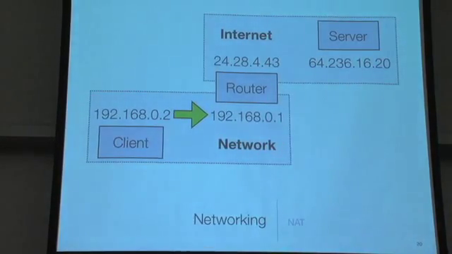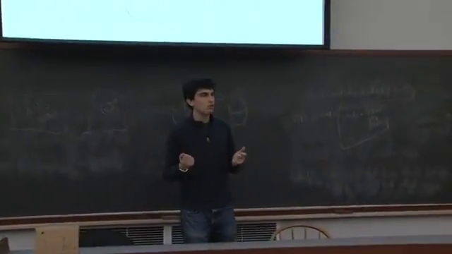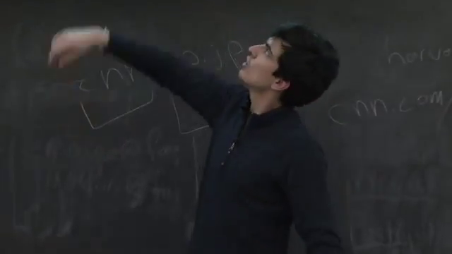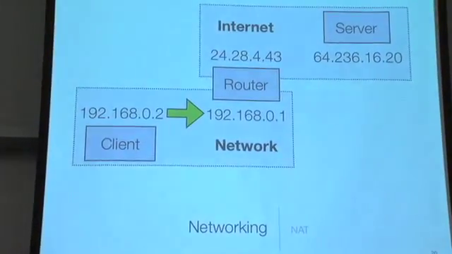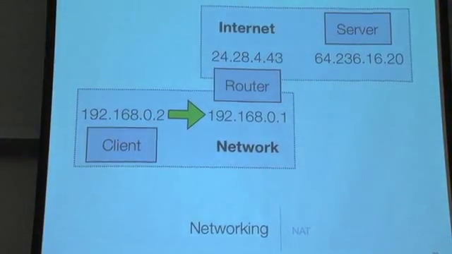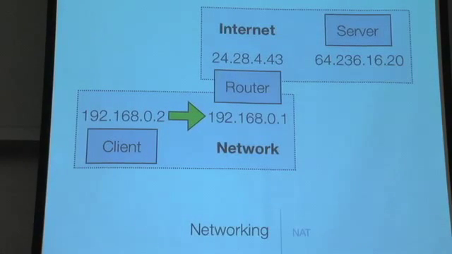So what this router does is it takes this packet that initially had a from field that looked like it was from 192.168.0.2, and it changes it to say, okay, now it's actually from 24.28.4.43. So it's translating the addresses from inside to outside.